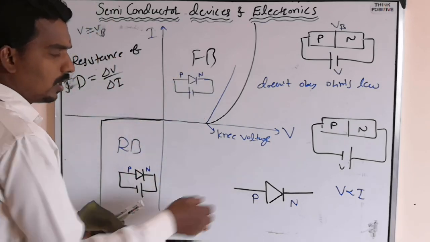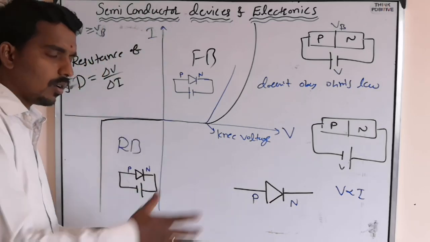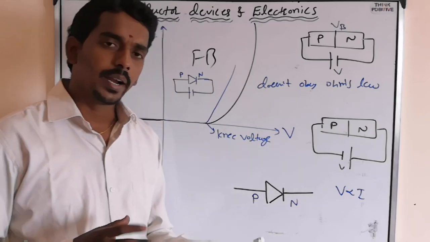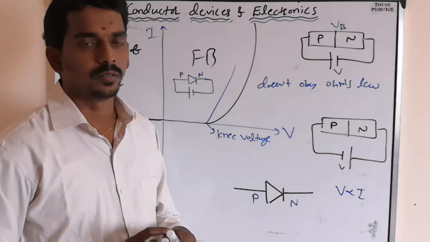So this way also you can represent the junction diode. So this is all about how and why the junction diode conducts.